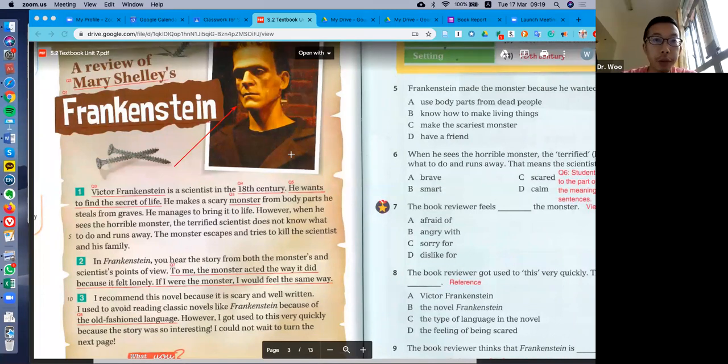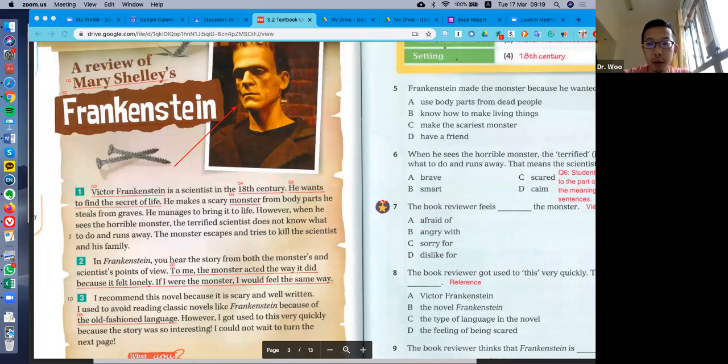We're going to read the text aloud. Each person reads one sentence.